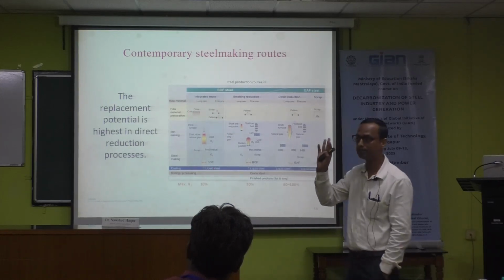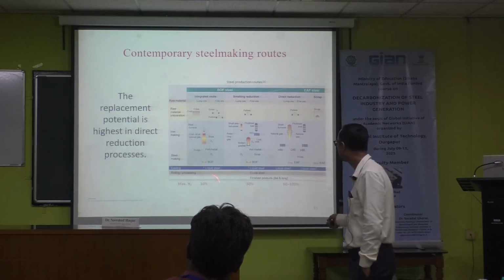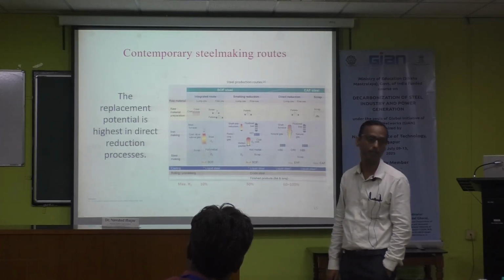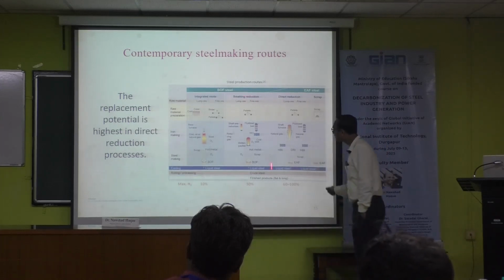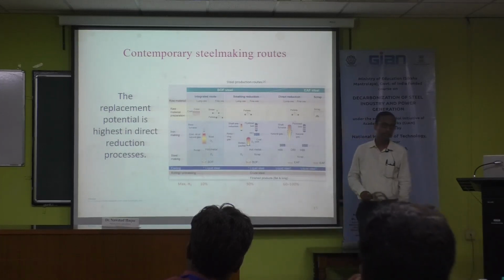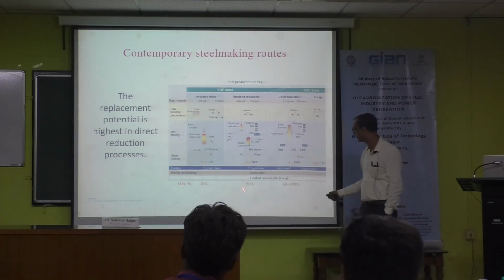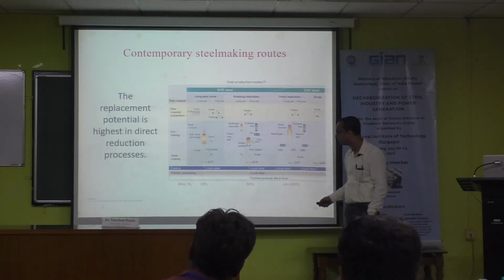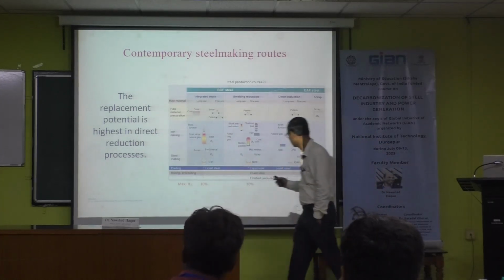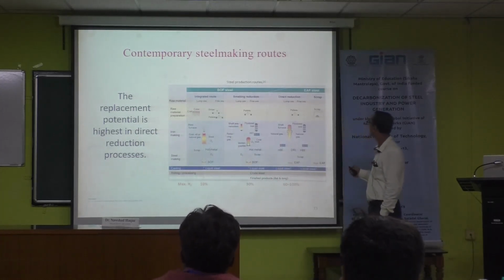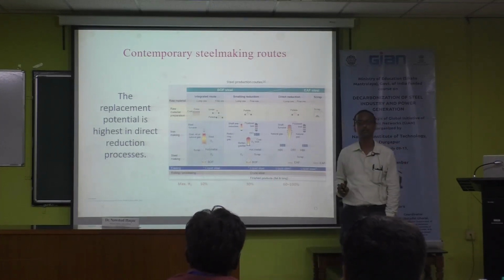It means the replacement ratio is only 10% for the blast furnace. This is very important. If you go for the smelting route, you can replace up to 30%. But in DRI production, you can replace up to 100%.